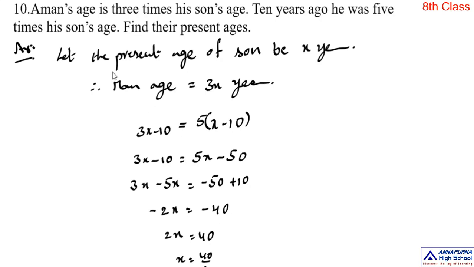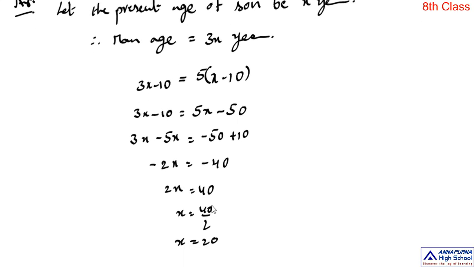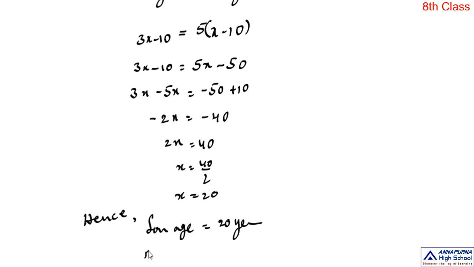So what is x? It is the present age of son. So the present age of son is 20 years and man's age is 3 into 20, 3 times, so it is equal to 60 years.